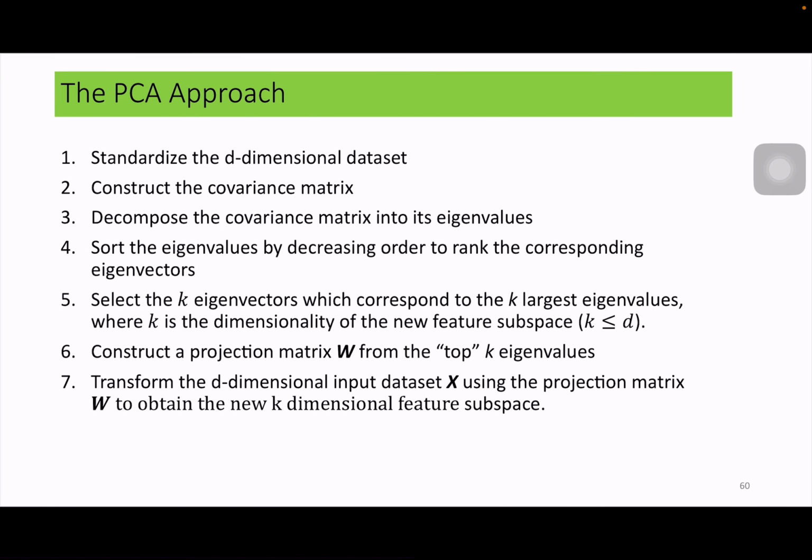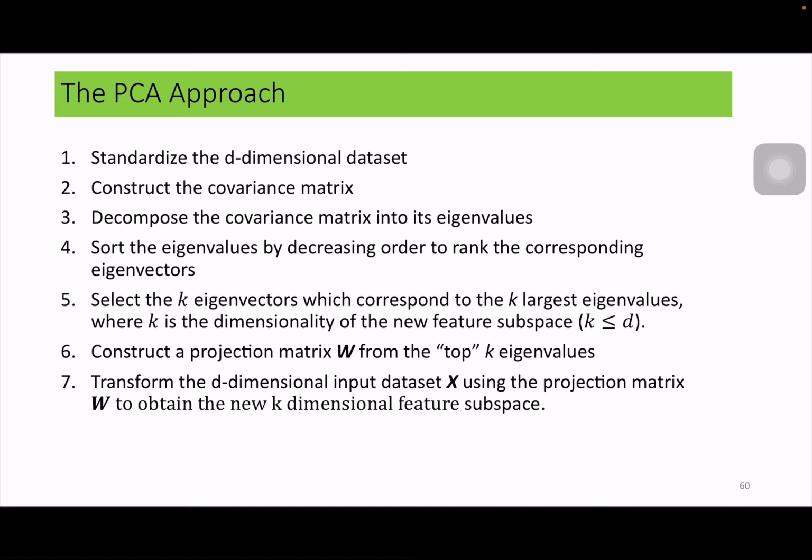So the PCA approach is to standardize the d-dimensional data set and construct the covariance matrix. You decompose the covariance matrix into eigenvalues, then you sort the eigenvalues in decreasing order of rank with the corresponding eigenvectors.